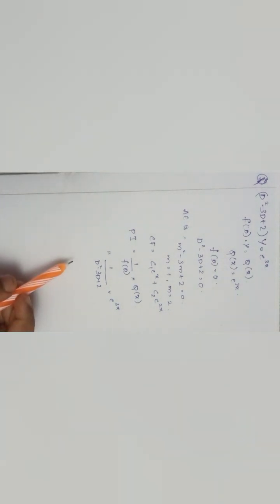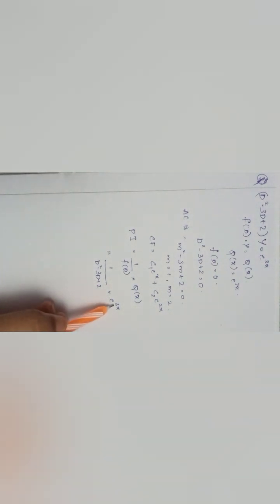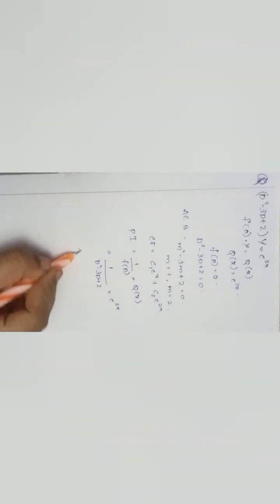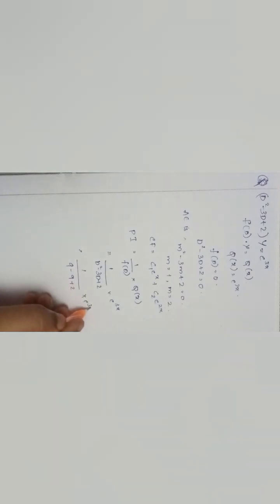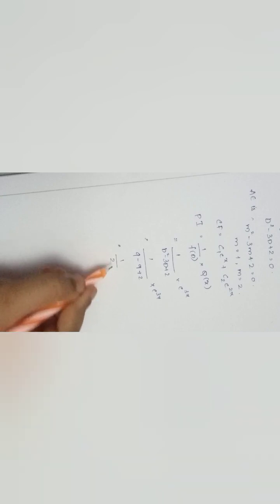Now e raised to 3x is the first case. What we have to do is substitute D as a, that is D as 3. So 1 by 3 square is 9 minus 9 plus 2 into e raised to 3x. That is 1 by 2 e raised to 3x. So PI is 1 by 2 e raised to 3x.